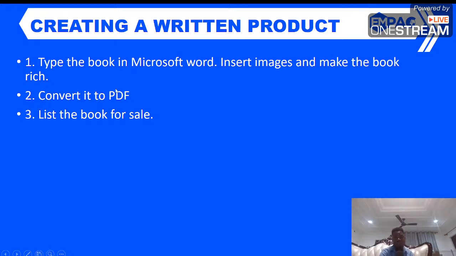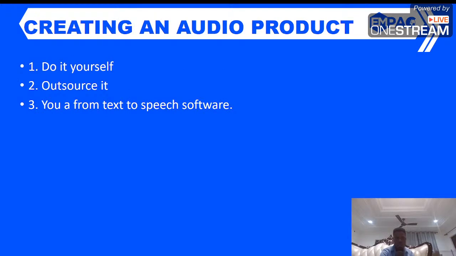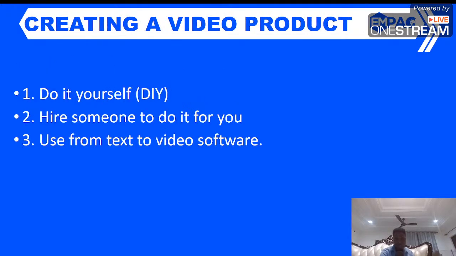PDF is more secure. We'll be talking about other security measures you put, because digital products are products that people can abuse. Though you don't spend much to develop it, you need to benefit from your hard work. So to avoid abuse, we'll be looking at certain security features we can give to our digital product.